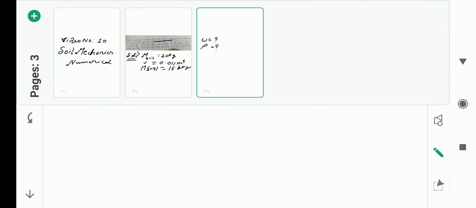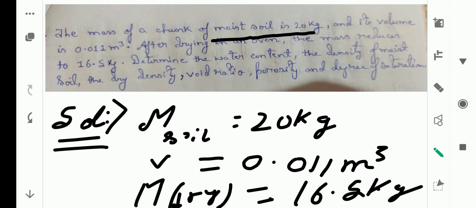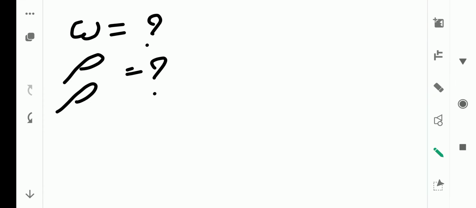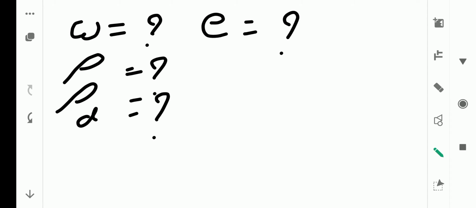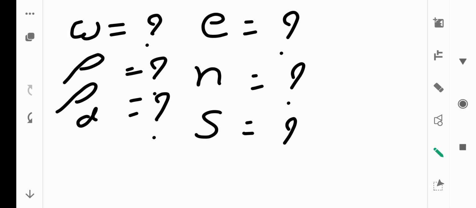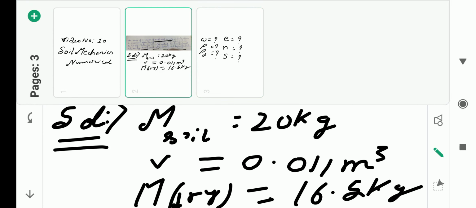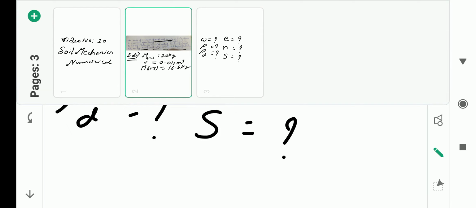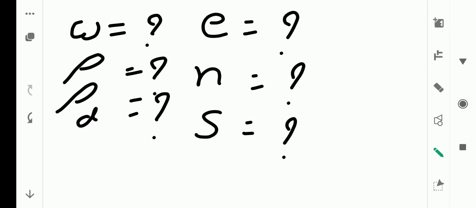Then we have to find dry density, void ratio, porosity and degree of saturation. Anything else? Now we have to find all these things. Let us see how we should proceed.